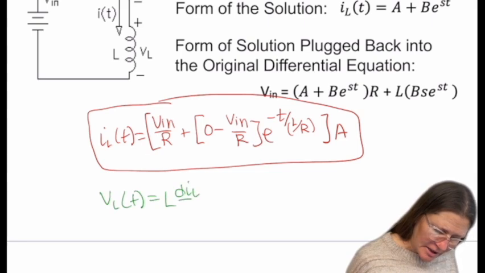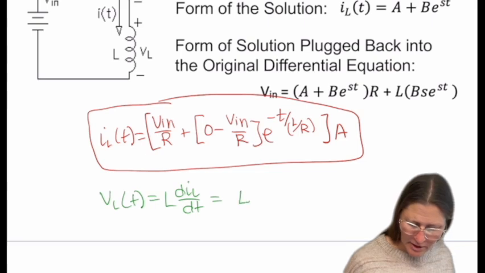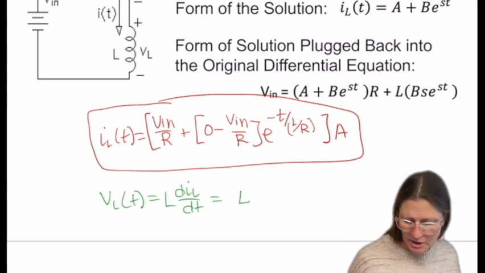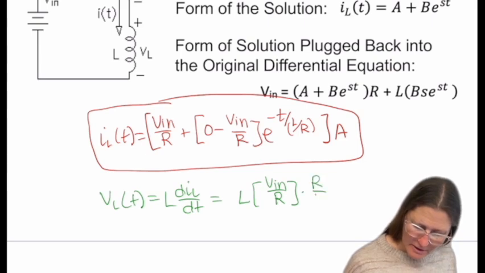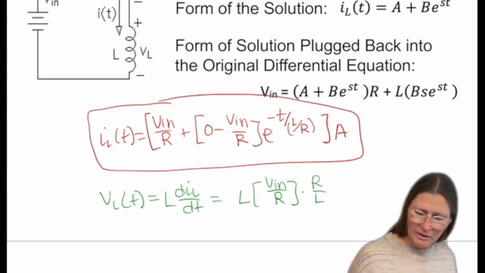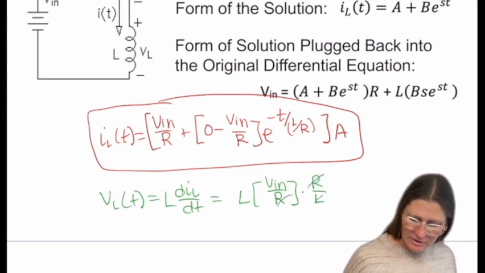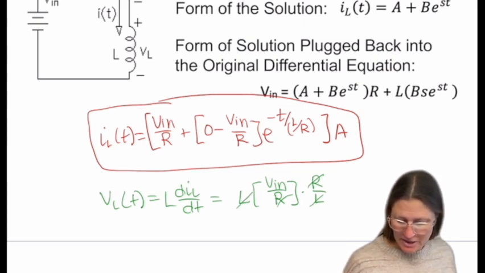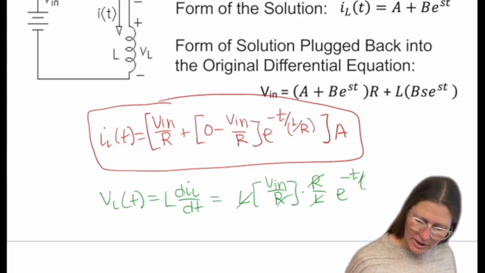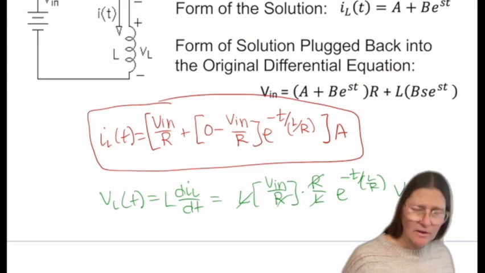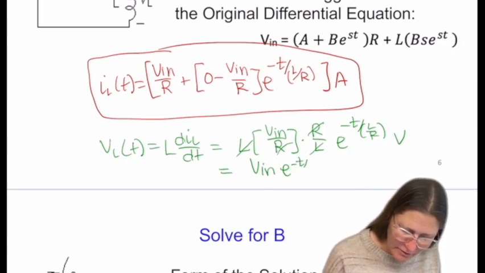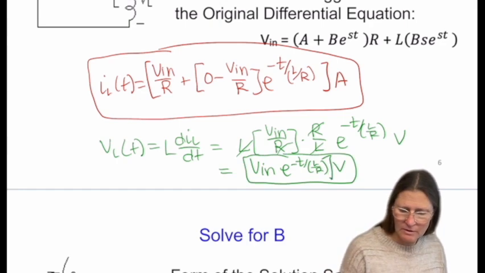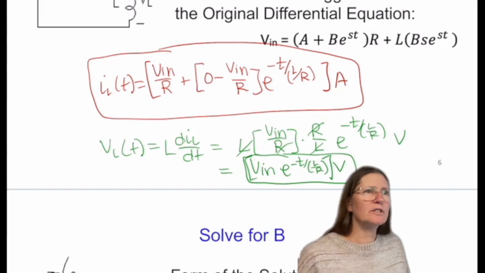It will be L dIL dt, and so I will take L times the differentiation of this, which becomes Vn over R divided by L over R, so that becomes just Vn e to the minus t over L over R. So that would be my expression for VL of t.